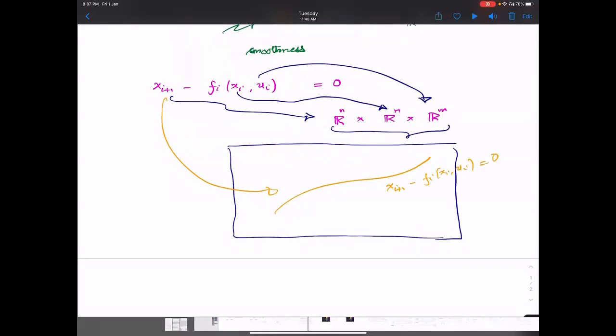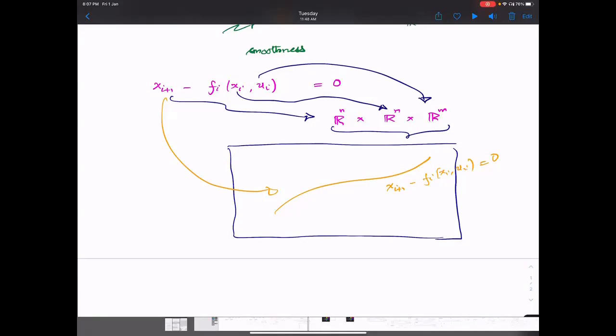I'll just pause it for a minute. Are there any questions here? What I'm trying to motivate is that in discrete optimal control, you're taking dynamics of a system, but those dynamics are in discrete form. Discrete form means they're algebraic equations. The state space is in R^n, the controls are in R^m, and there is x_{i+1}, which brings in another R^n.